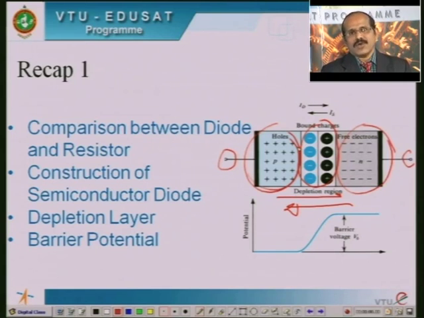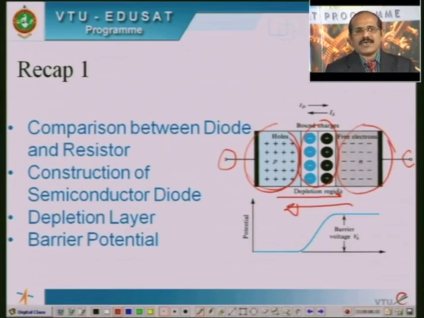When these holes move to the N-type, they neutralize the electrons. Similarly, when the electrons move from the N to the P-type, they neutralize the holes. That creates a layer consisting only of the immovable, fixed ions, and therefore a depletion region is formed.